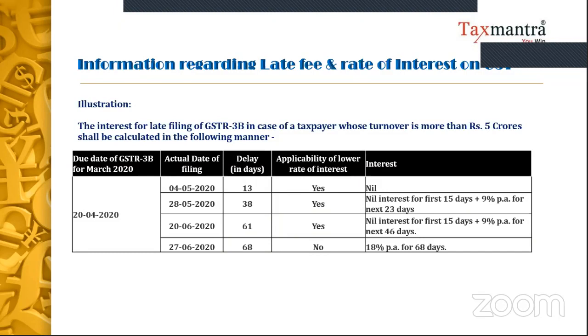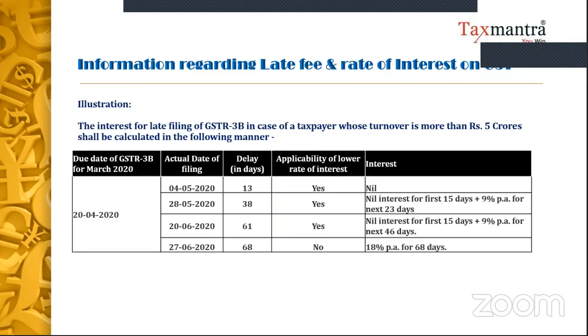In case 3, if such a taxpayer files the return on 20th of June, the total delay days come to 61, and again the interest will be calculated as follows. For the first 15 days there will be no interest, but after that, for 46 days, there will be 9% interest.